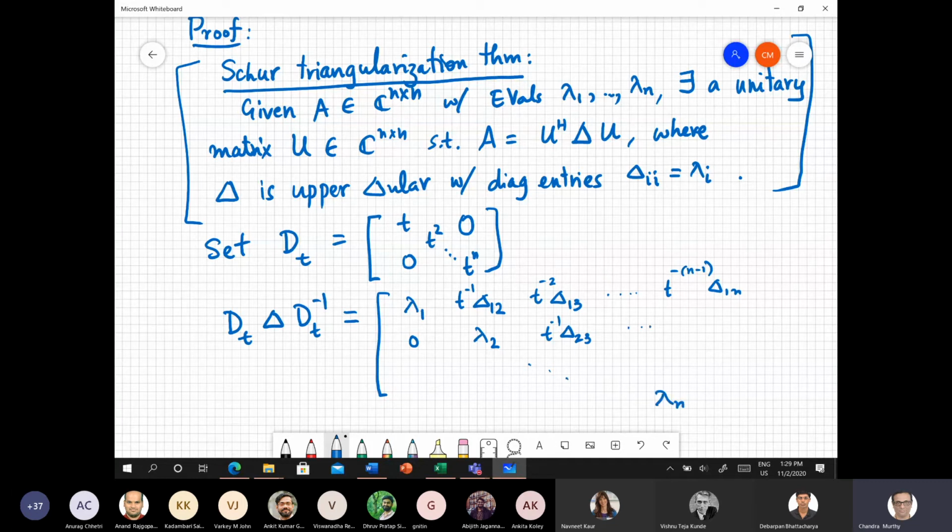I'll get lambda n down here, and I'll have t inverse delta n minus 1 comma n down here. And all these are zeros, and subdiagonal you have zeros everywhere.